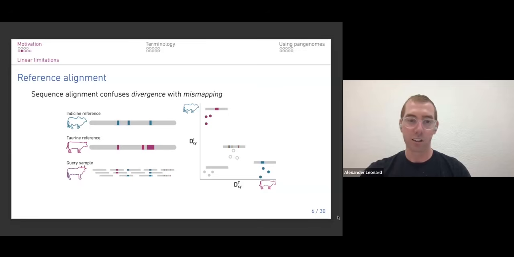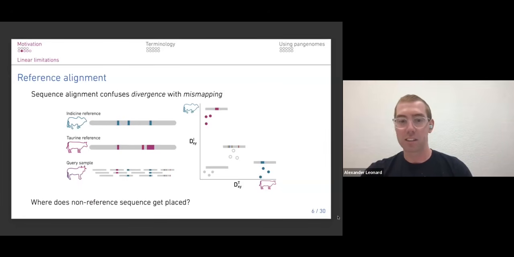Likewise, if you have some sort of reference insertion compared to the other sequence, it again will be completely unmapped. And the question is, where does this non-reference sequence get placed? The best case scenario, actually, in this case, is that it remains unplaced. The worst case is it gets mapped into the wrong location, and this will start affecting your downstream analysis.